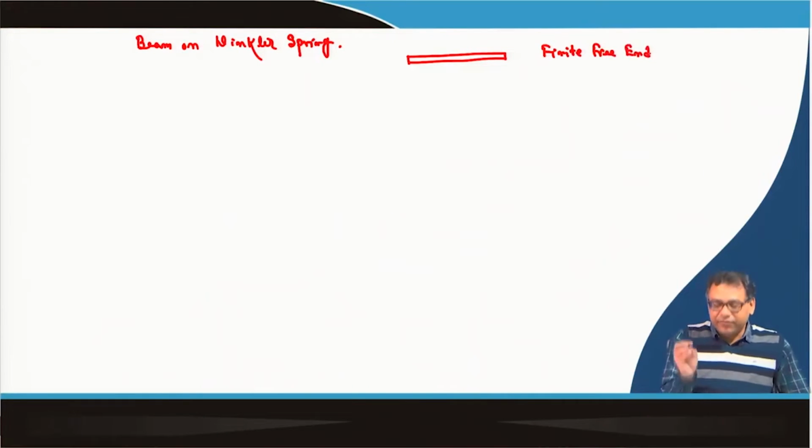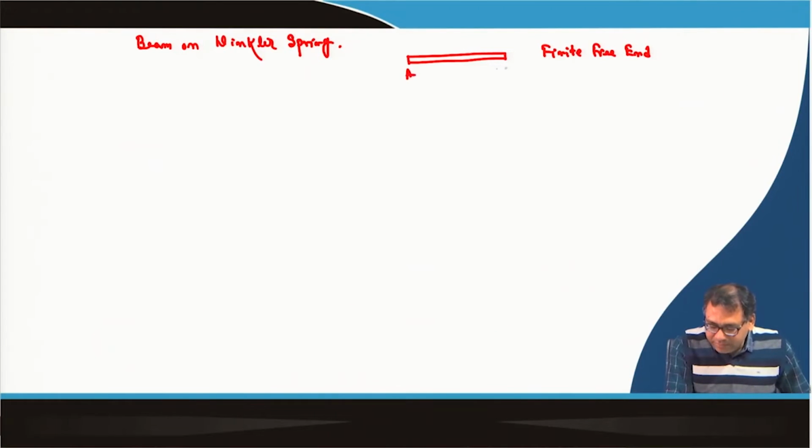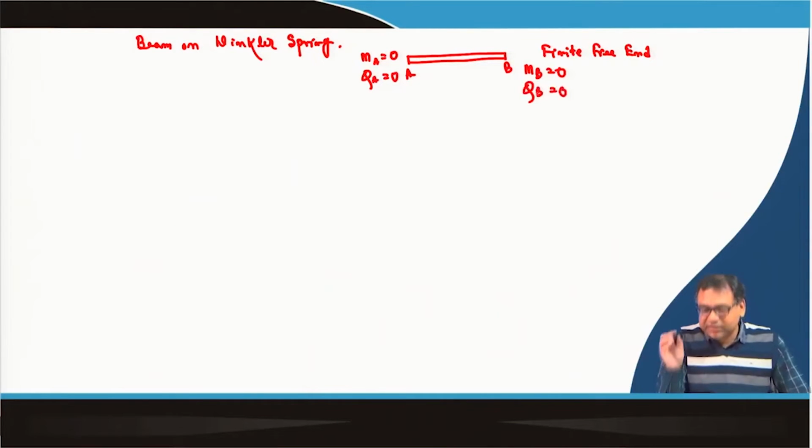Both the ends are free ends. So, I can write this is point A, point B. Moment at A will be 0 and shear force at A will be 0. Again moment at B will be 0 and shear force at B will be 0, because it is a free end beam.